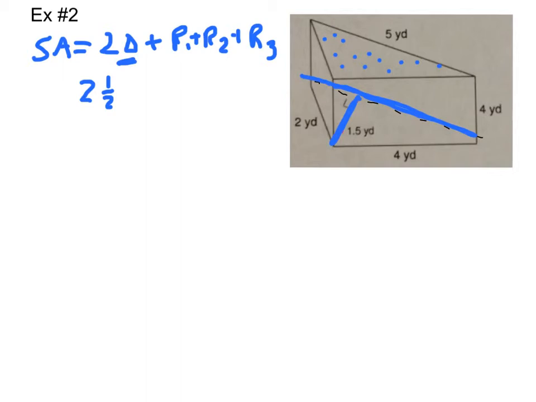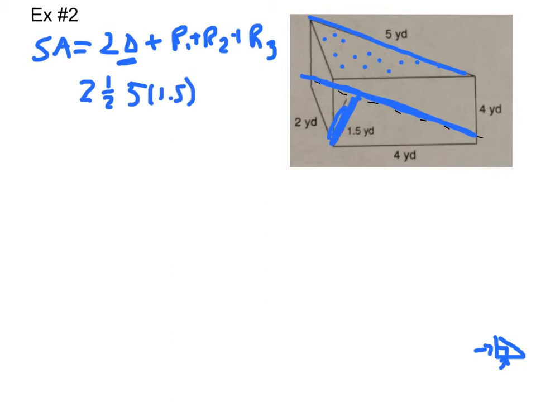Anytime you have a triangle, you have to have right angles for your base and your height. That would be your base, that would be your height. For this bottom one, even though this one right here is not a side, it's still the height of the triangle. So 1/2 base, which is 5, times the height, which is 1.5.